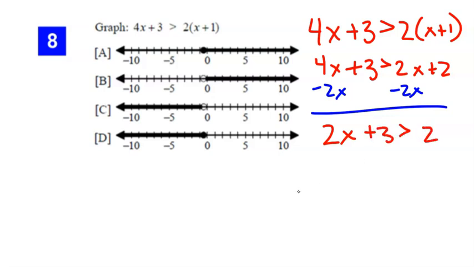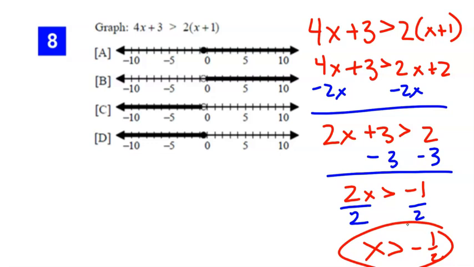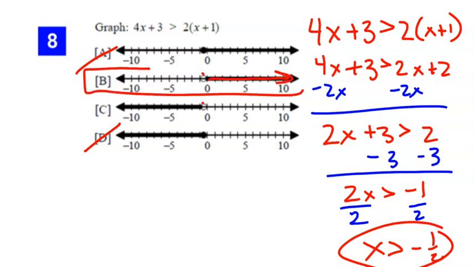And then I'm going to subtract 3 on both sides so I can get my constants together. And then when I do my final division, I actually get x is greater than negative 1/2. So I need an open circle, so these are out, and I need it to be at negative 1/2, and I need it to be moving in the greater direction.